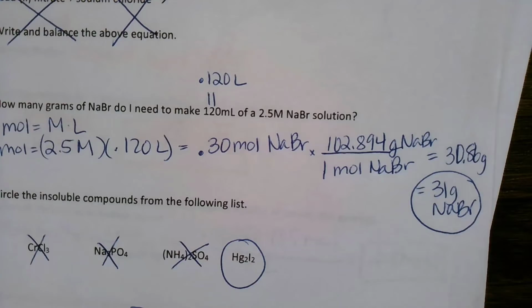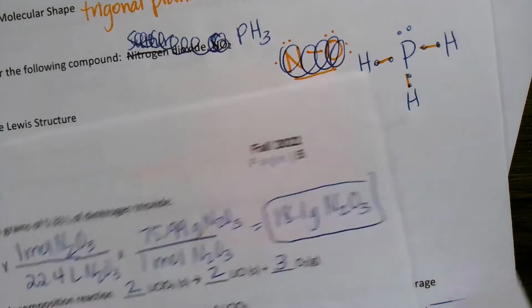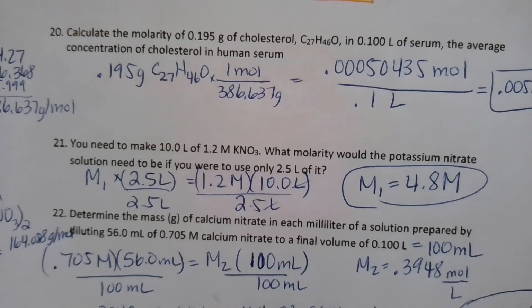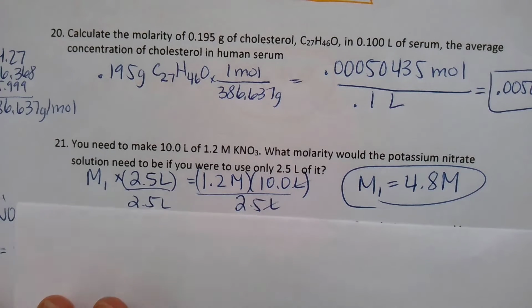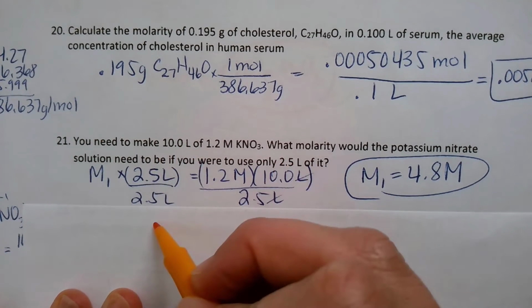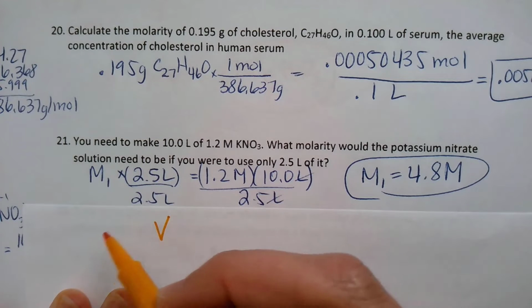All right, 21. Let's find 21 here. Oh, here we go. 21 is looking at, I need to make 10 liters, so that's a volume. And when it says I need to, that means I don't have it right now.